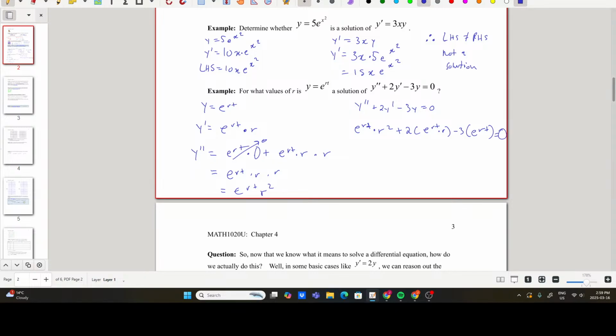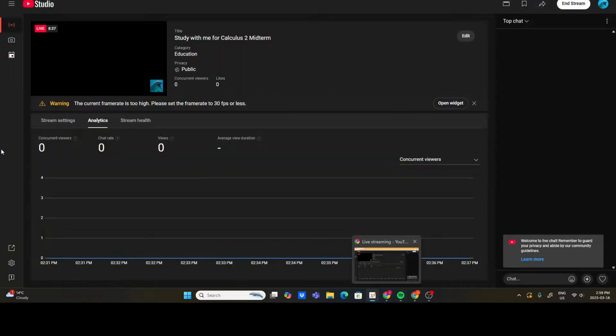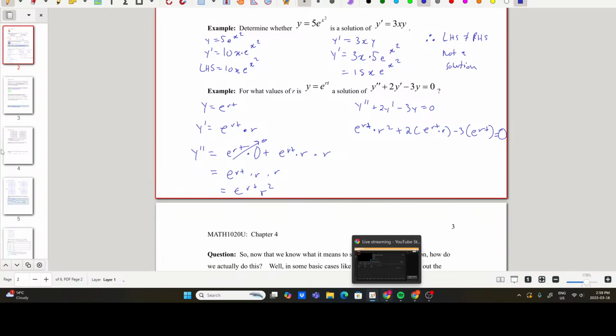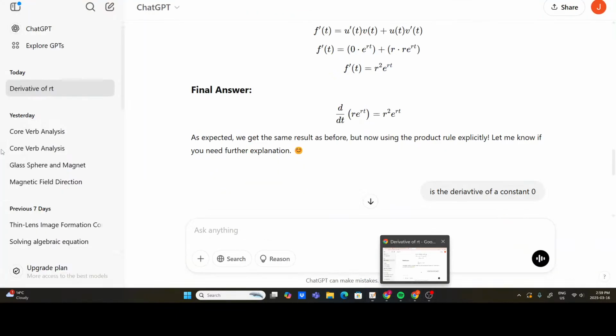I don't know exactly what to do from here. Since it's a solution of this, that means e to the rt should be like a root or something. No idea. We'll see what that means.